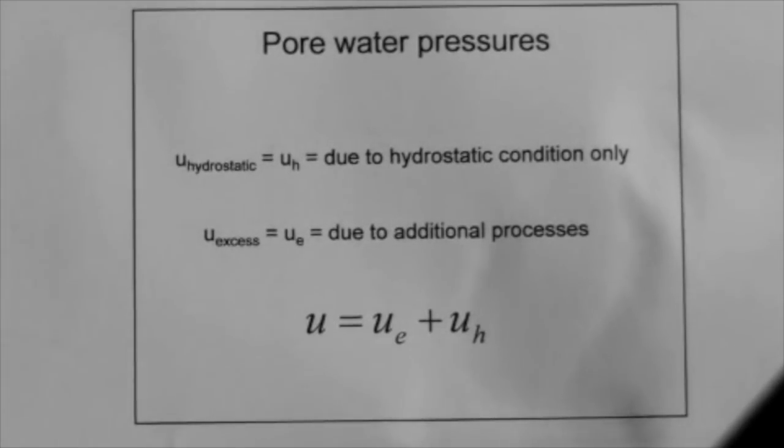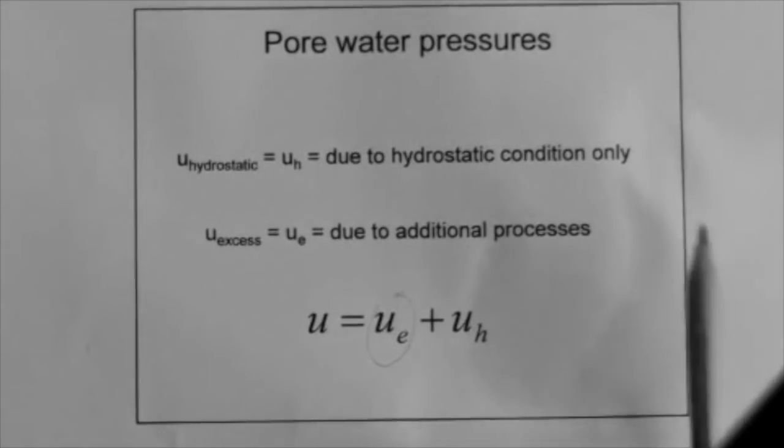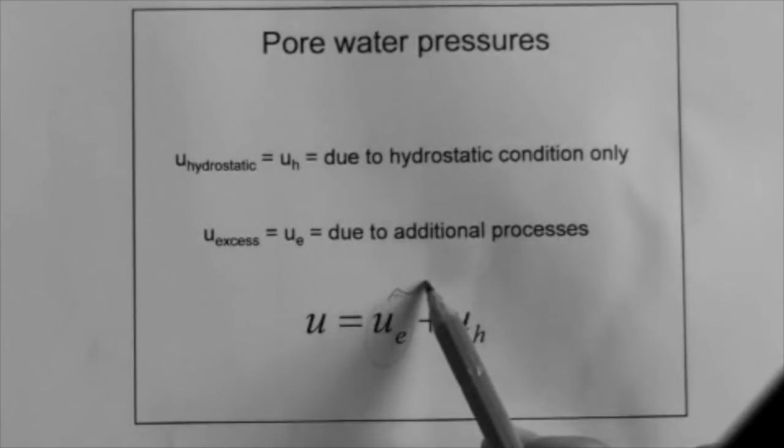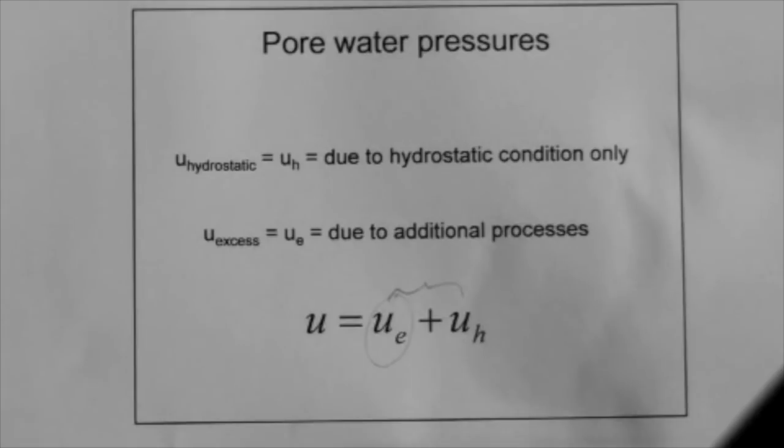We are going to introduce in this slide another pore water pressure. It's this one right here. But the idea here is that you have this in your mind before we actually get to it later, because it's going to play an important role in strength and in the deformation of soil with time. We're introducing it here for the sake of having it in the back of your mind, knowing that there are actually two types of pore pressure.